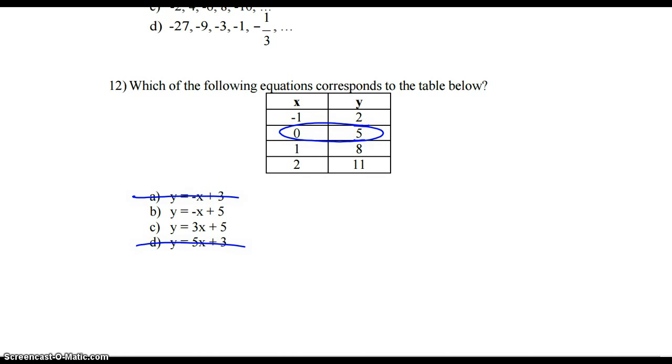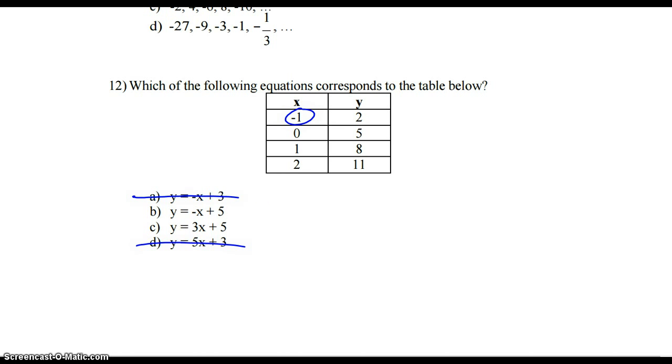So at this point, you could either find the slope, which will correspond to either 3 or negative 1, and figure it out that way, or you can just plug in some numbers for x and see what we get. So if I plug in negative 1 for x in either of these, it'll have to work.